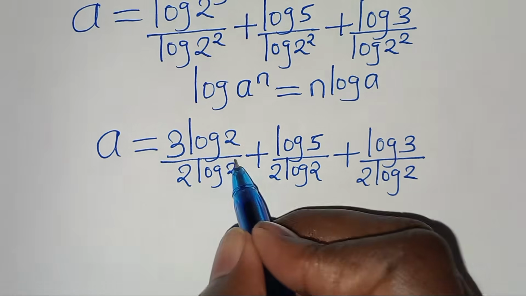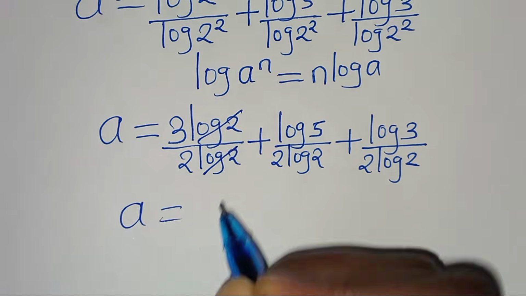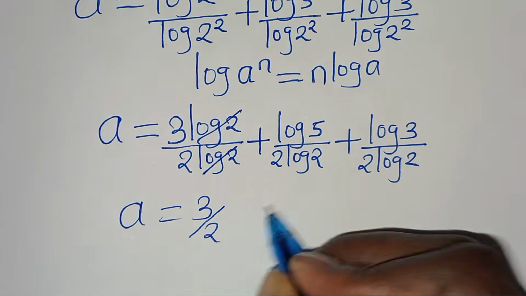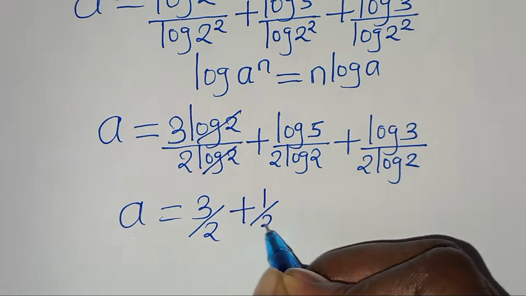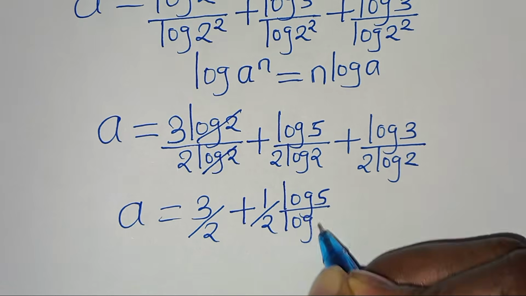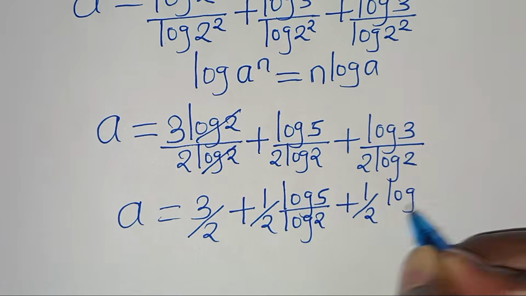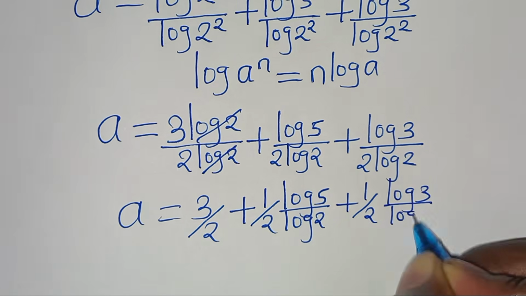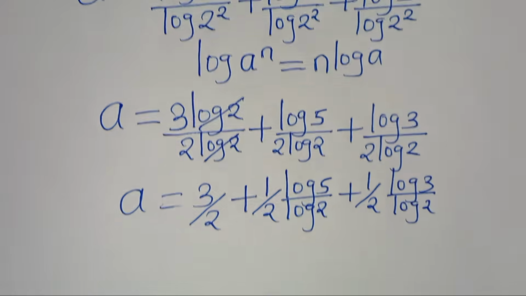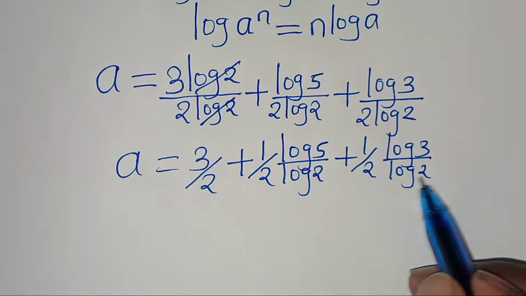So let's simplify log 2 and log 2 here, so that we have a is equal to 3 over 2 plus half log 5 divided by log 2, then plus half log 3 divided by log 2. We have log 5 over log 2 and log 3 over log 2.